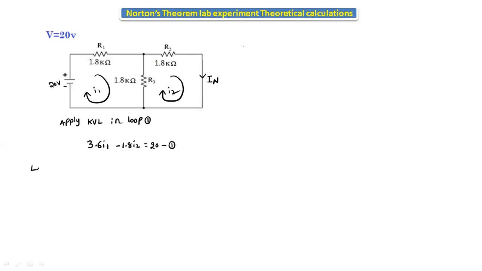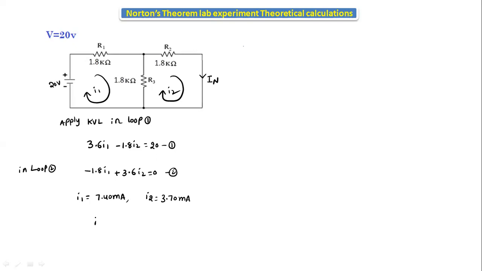If we apply KVL in loop 2, finally we will get minus 1.8 into I1 plus 3.6 into I2 is equal to 0, equation number 2. From equation number 1 and 2, we will get I1 is equal to 7.40 milliamps and I2 is equal to 3.70 milliamps.